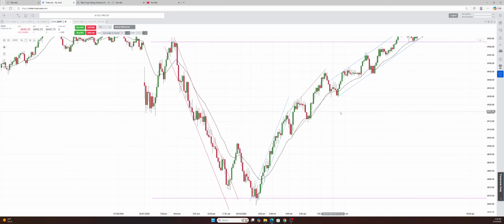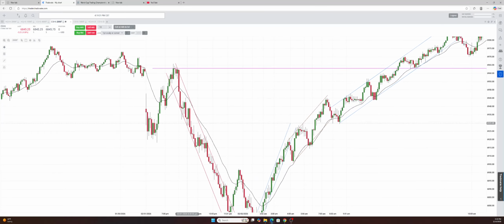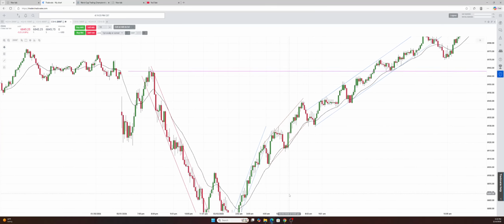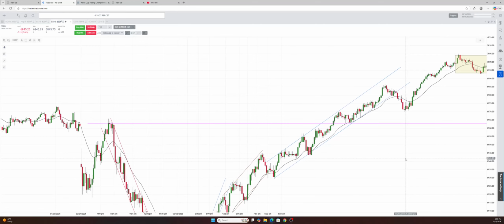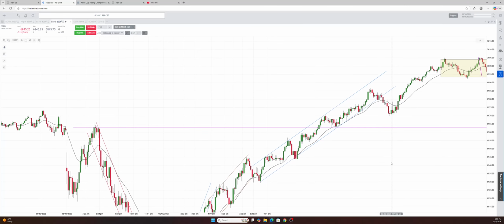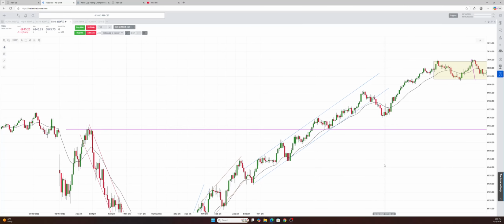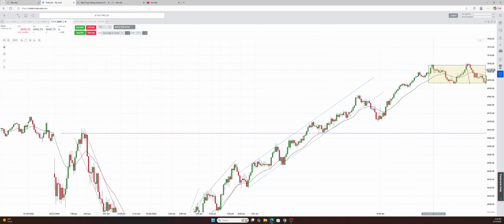Another thing is after they go on for a while in one direction and start to get exhausted, they'll go into ranges. I'm not saying that's what's happening here, I don't really know what's happening here. They'll go into ranges and then they'll start to reverse.